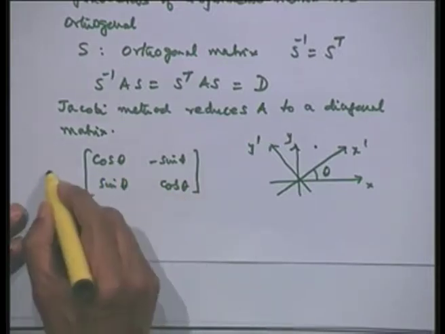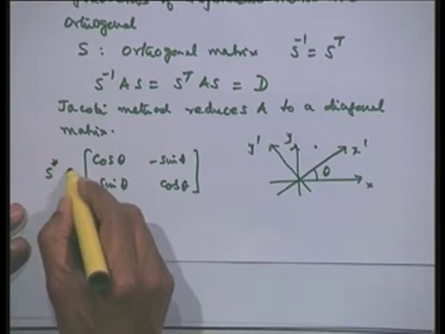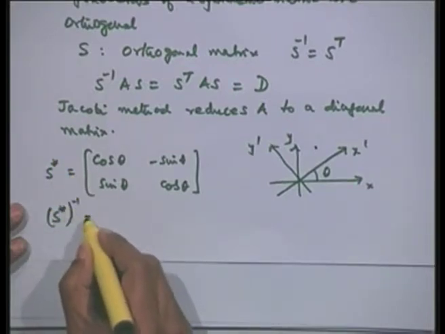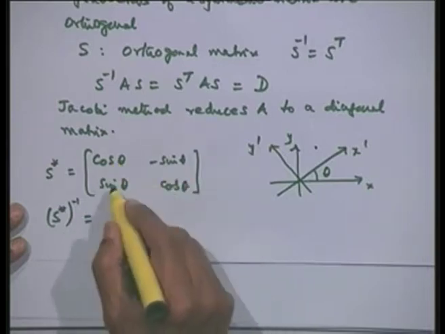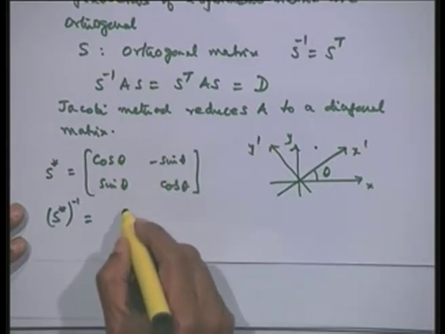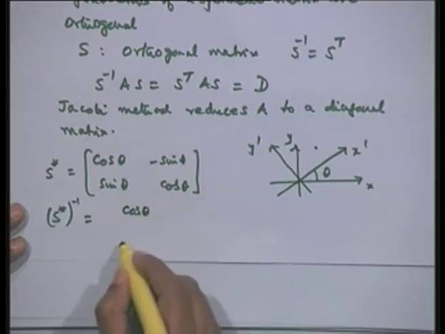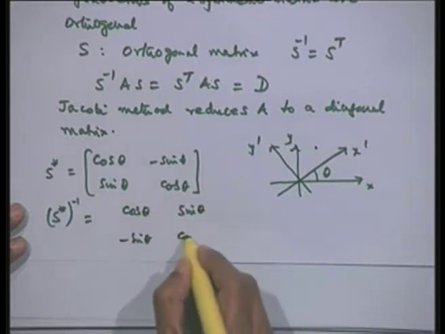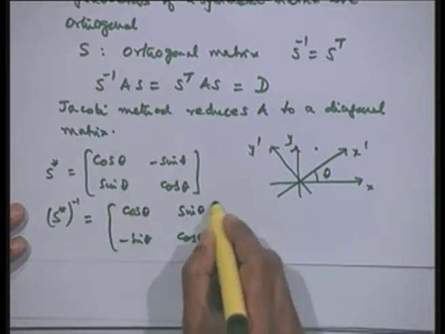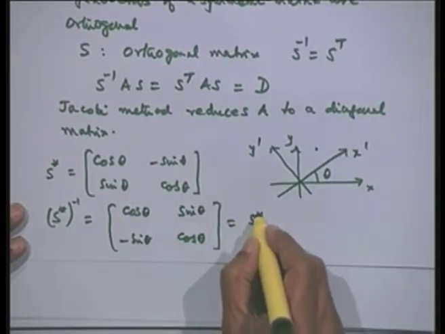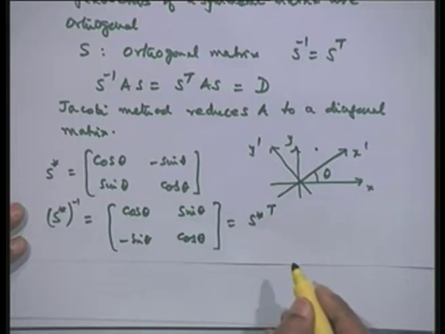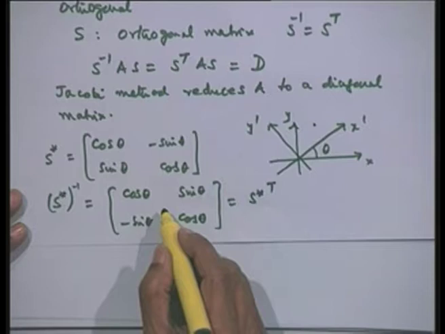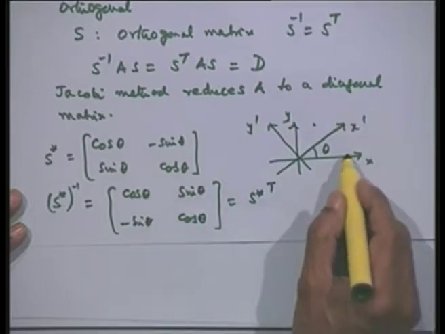If I take this as S star, then S star inverse is equal to 1 over cos square theta plus sin square theta, that determinant is 1. Therefore, I have cos theta over here, minus sin theta here, sin theta here, and cos theta over here, and this is S star transpose. Therefore, this is an orthogonal matrix, that means this is an orthogonal rotation.